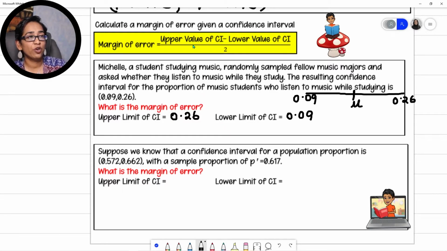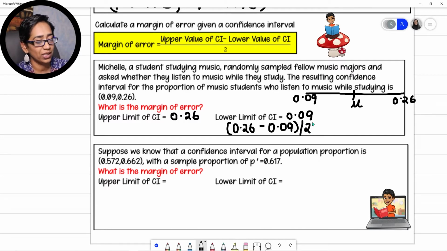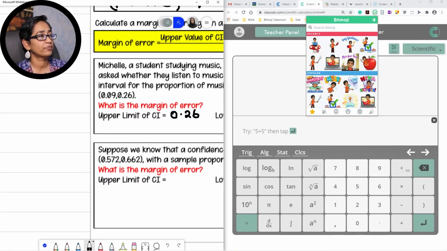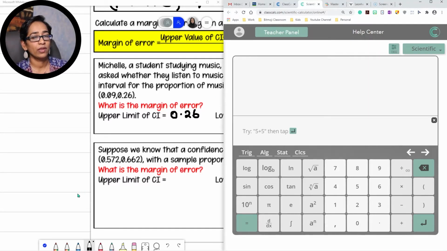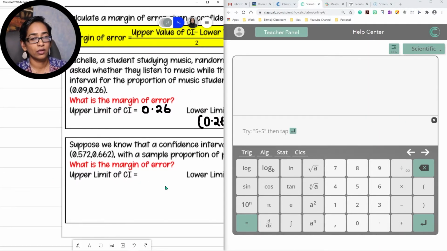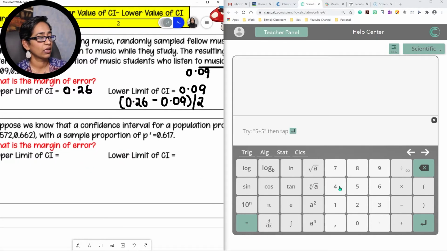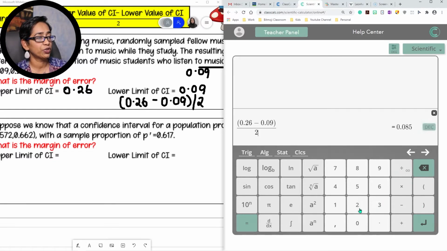Now when I plug into the formula, the upper limit is 0.26 minus 0.09 divided by 2. I'm going to show you all how to plug this into the class calc as well. Open parentheses, 0.26 minus 0.09, close parentheses, divided by 2.